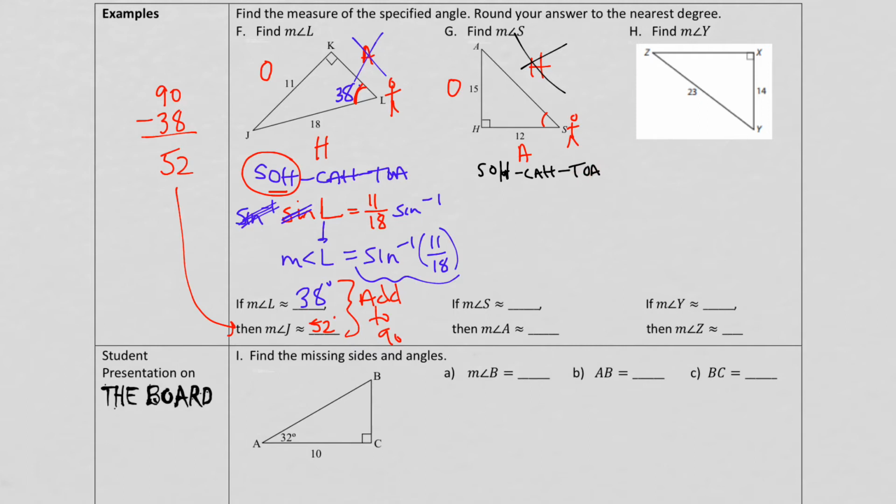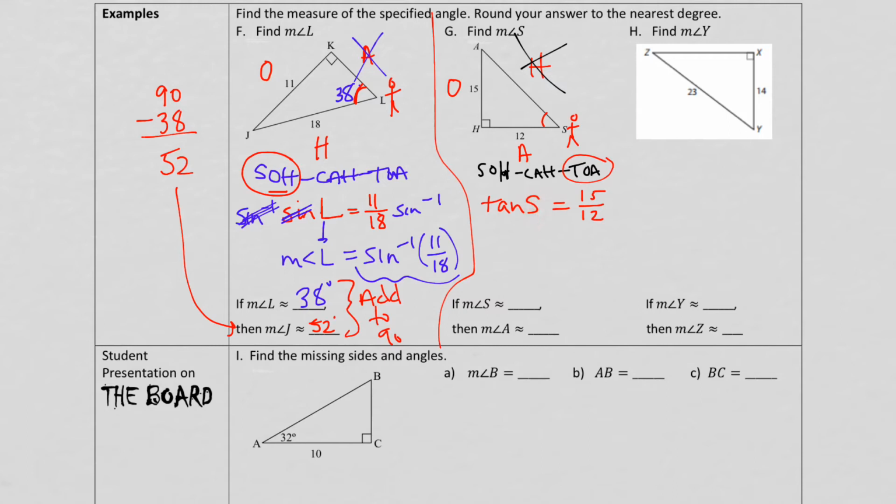So I'm going to use tangent in this case. So now I can set up my problem. Tangent of angle S is going to equal opposite, which is 15, over adjacent. So again, I've created an equation I can solve for angle S.